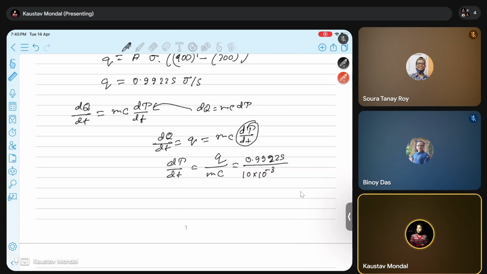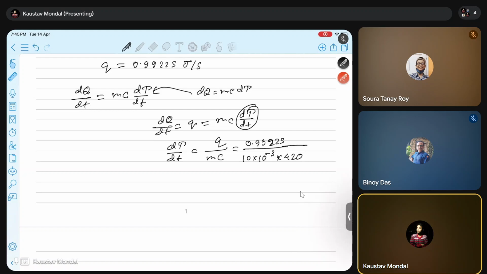So 10 to the power minus 3 into 420 joule, the unit is fine here. That would be dT/dt. If you calculate this, it will give you 0.236 Kelvin per second. This would be dT/dt, the rate at which the temperature is changing.